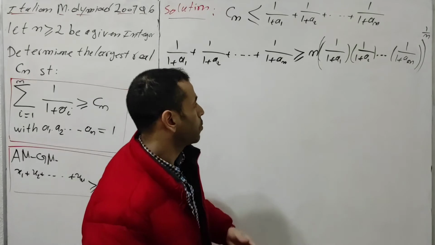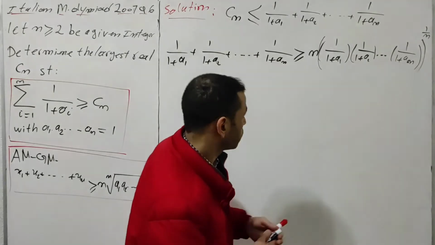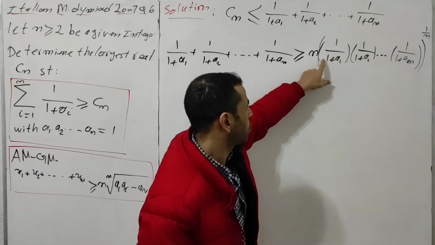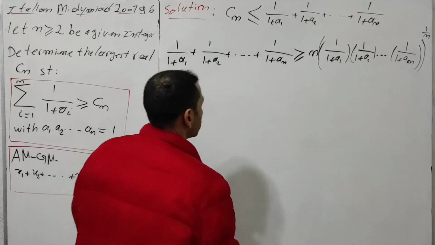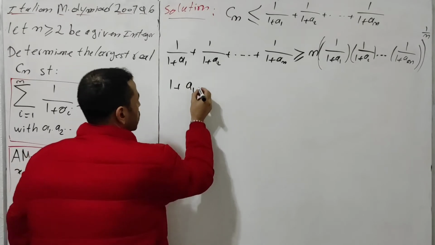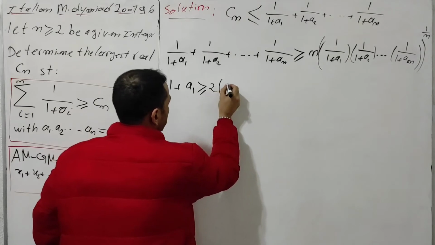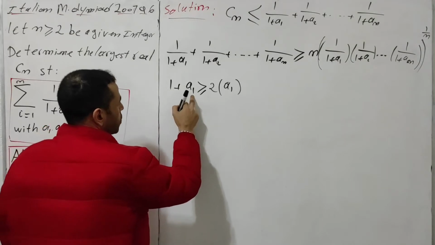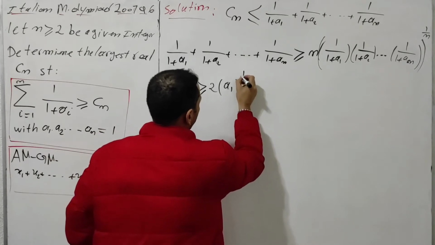So I'm going to apply the same theorem on each term in the denominator, not on the reciprocal. We get 1 plus a sub 1 is greater than or equal to 2 times the square root of a sub 1, since 1 multiplied by a sub 1 is a sub 1 to the power 1 over 2.